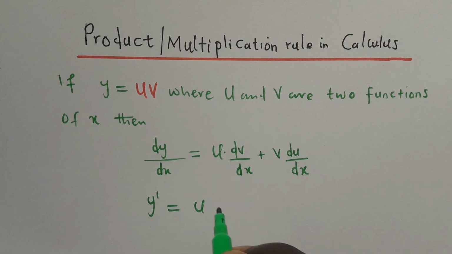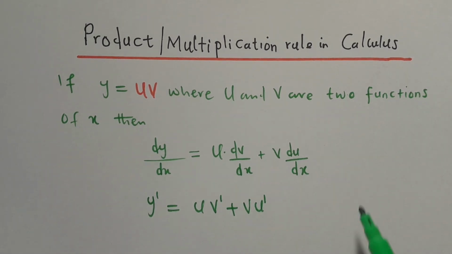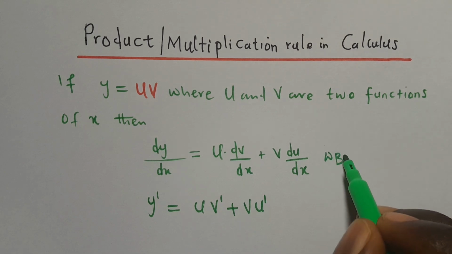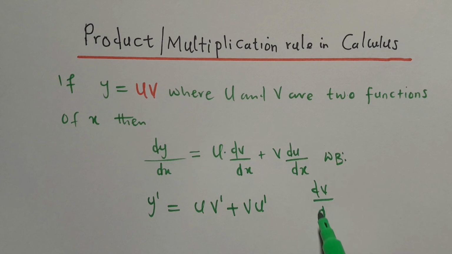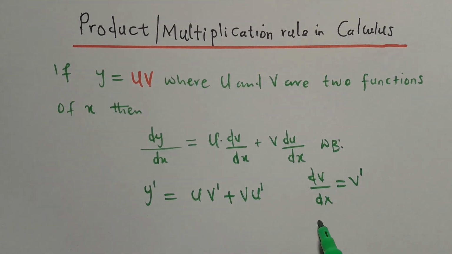And take note that dy/dx can also be written as y prime, which is equivalent to u dot phi prime plus phi dot u prime. So therefore, d phi/dx equals phi prime, and du/dx equals u prime.